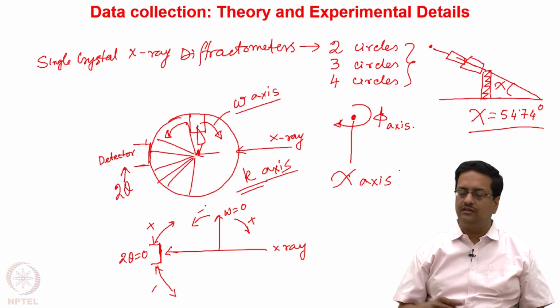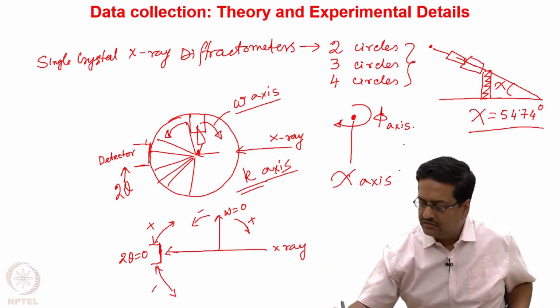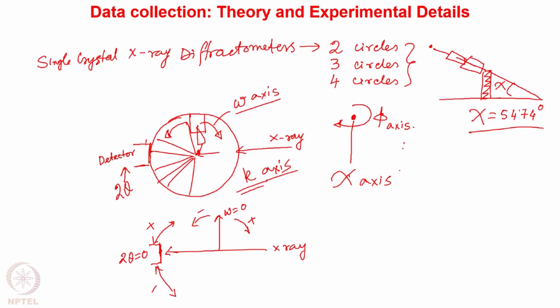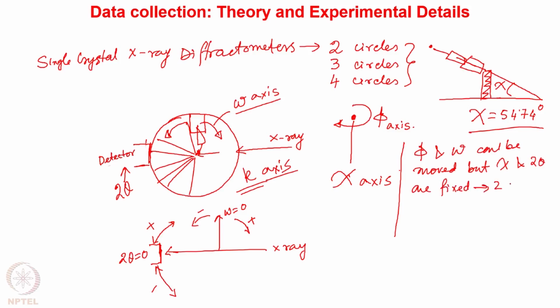A diffractometer in which you can rotate both phi and omega, but chi and 2 theta are fixed, is called a two-circle diffractometer.